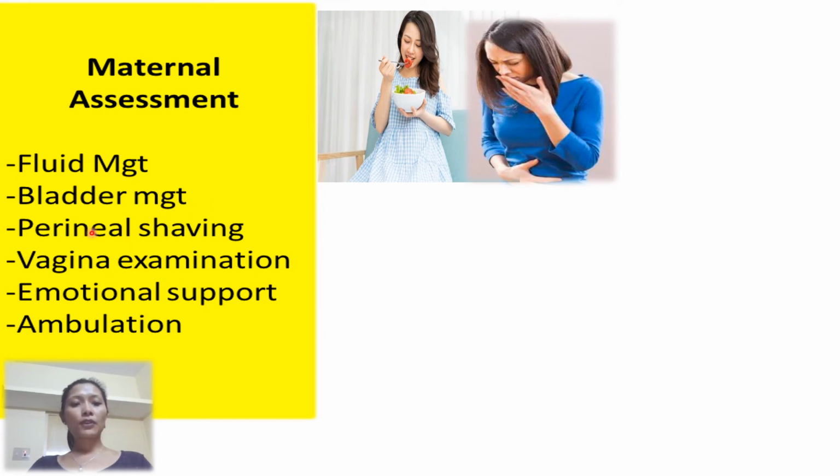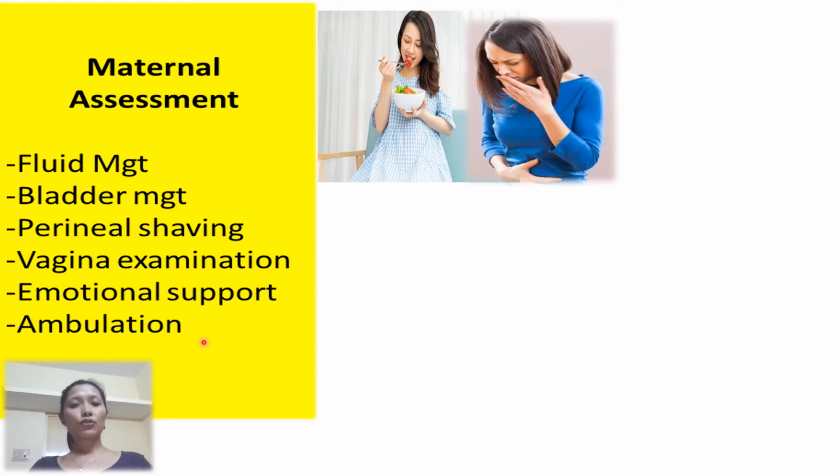And perineal shaving also can be done to prevent infection. It is mostly done over the mons pubis, vulva, and the related region. And vaginal examination also can be done to see the progress of the labor, as well as the dilatation of the cervix and the events of the labor. And emotional support should be given to the mother, with assurance, and a non-judgmental attitude should be provided by the nurses.